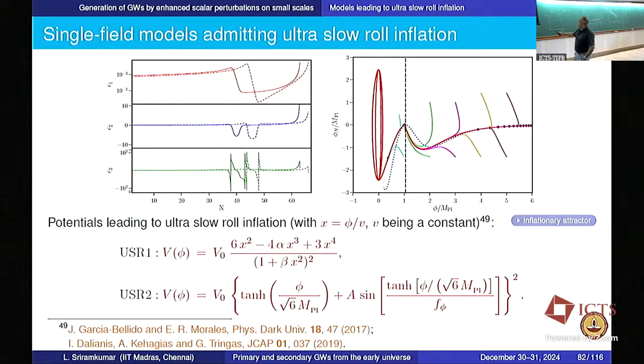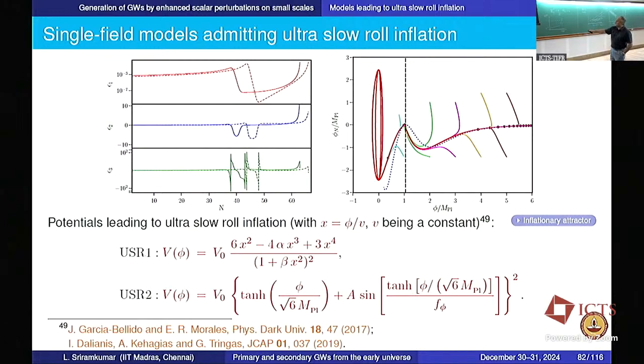But there is a point, this is the point of inflection. At the point of inflection, notice what happens. The velocity of the field here is extremely small. The point of inflection slows down the field tremendously. The field may get stuck, but if you choose your parameters carefully, it will not get stuck, but it will emerge from this point of inflection, and you have inflation ending somewhere here.